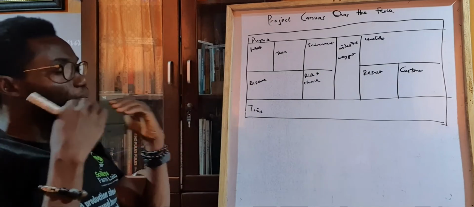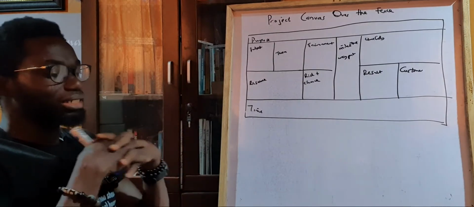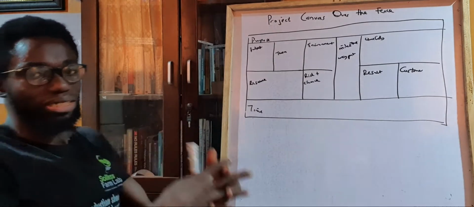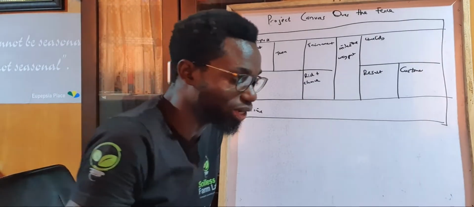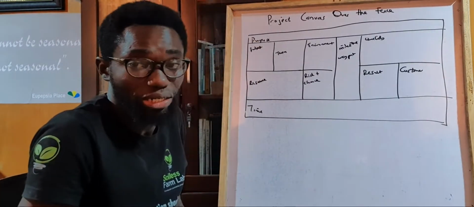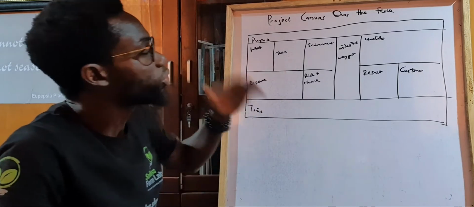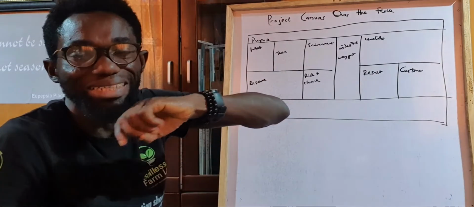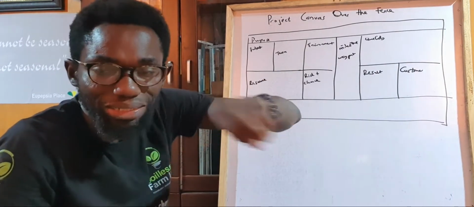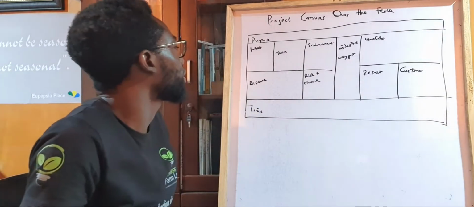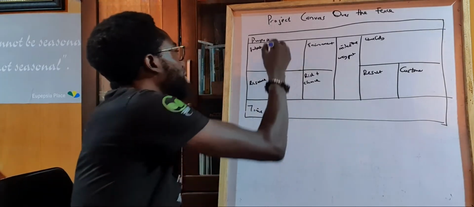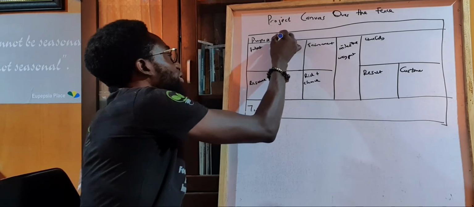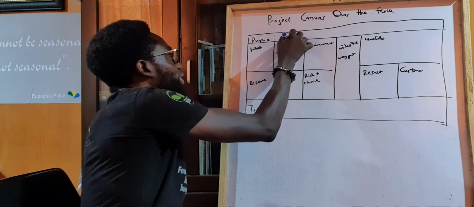First is the purpose. You need to clearly define the purpose of the project. Because we are into agriculture generally, you'll notice that most of my examples have centered around agribusiness ventures. So let's say that the purpose of this project this time around is having tractors for rentals.